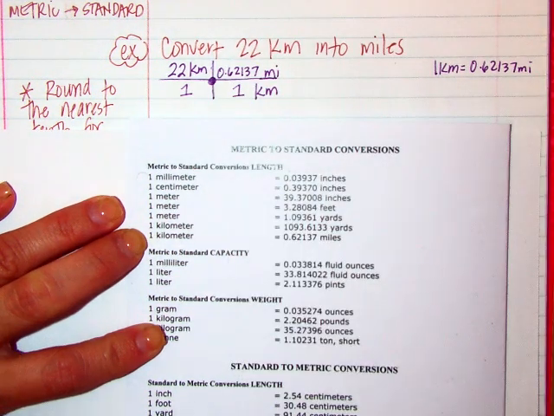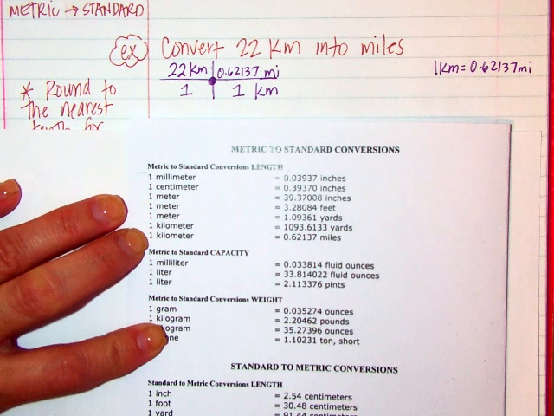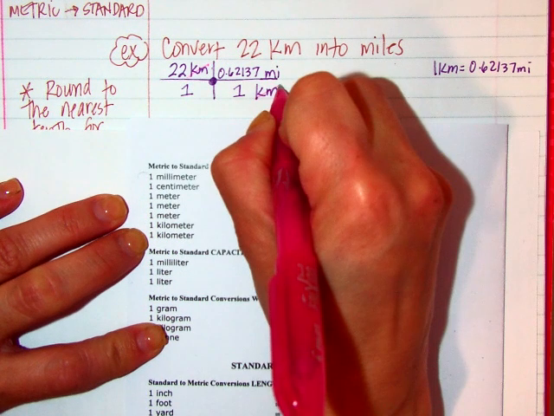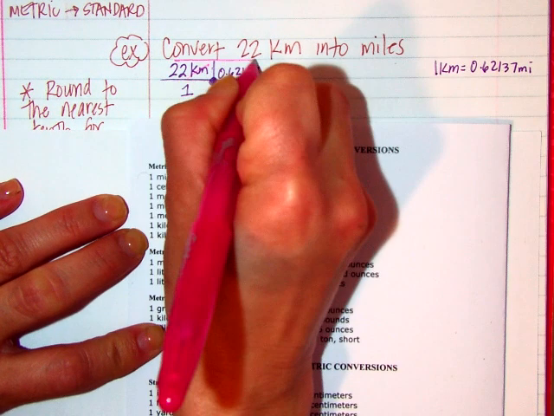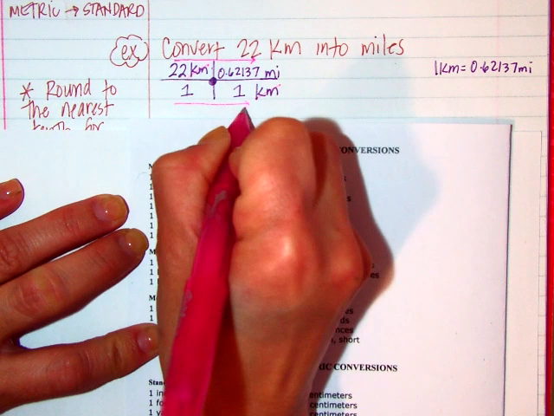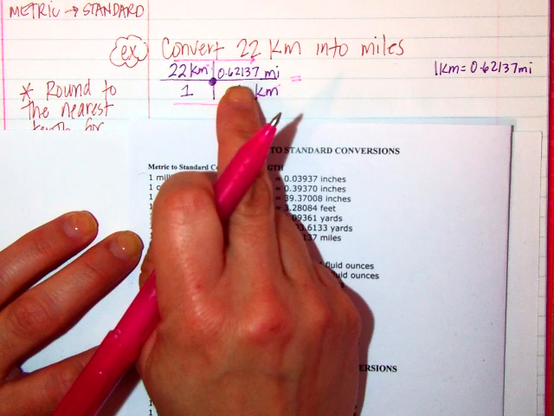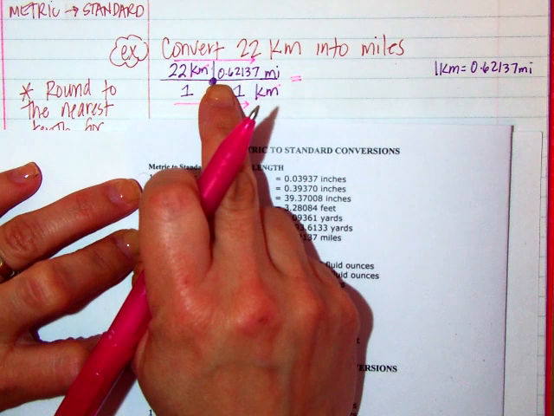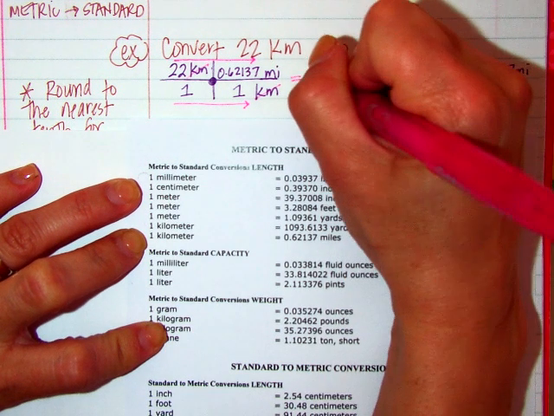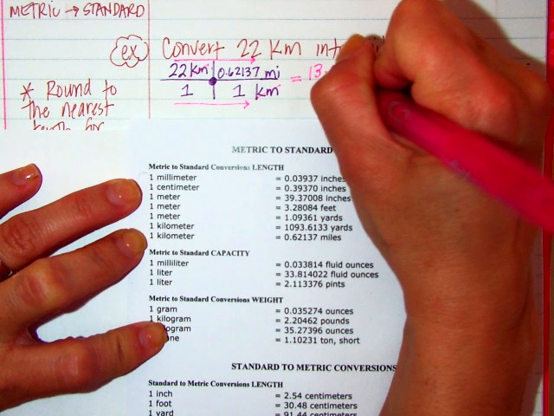From here, we eliminated the kilometers. We multiply straight through. And if I multiply 22 times 0.62137, I'm going to get 13.67014.